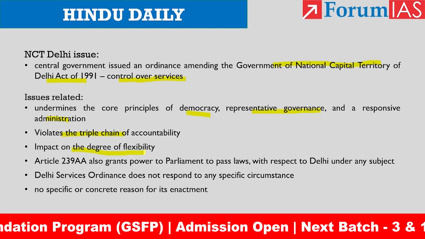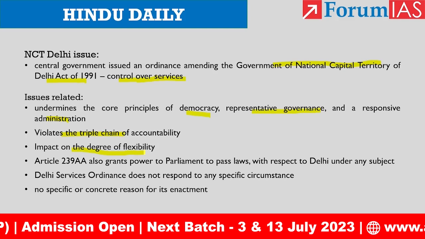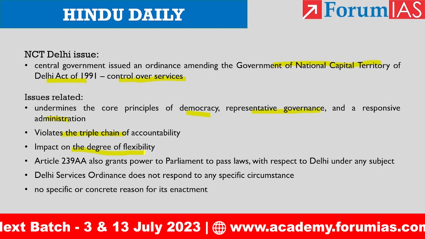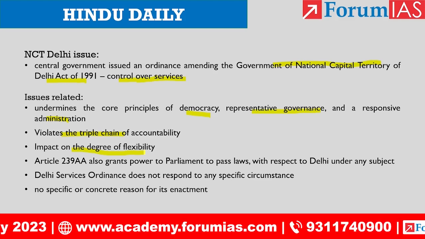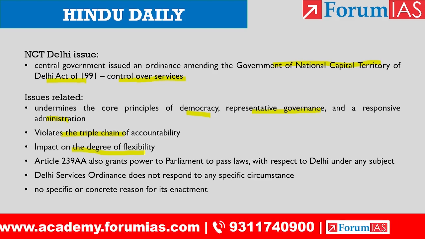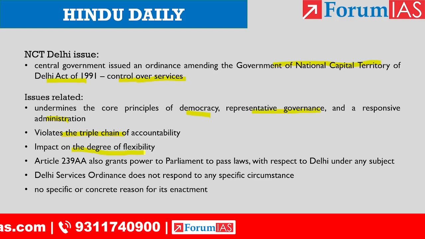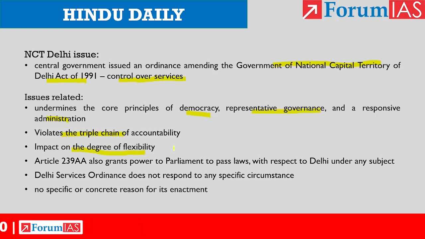Article 239AA also grants power to Parliament to pass laws with respect to Delhi under any of the fields that are otherwise reserved to the states. The purpose of this is to maintain a degree of flexibility, as unforeseeable circumstances might require Parliament to pass specific legislation. That is why the degree of flexibility is envisaged in Article 239AA of the Constitution itself.